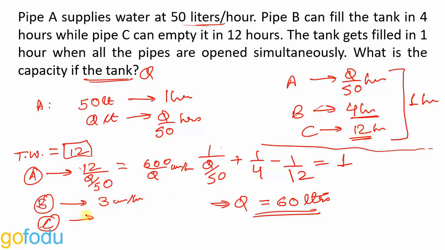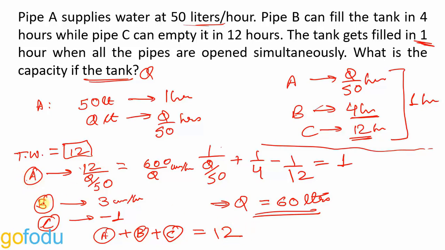So C in 1 hour must be doing 1 unit, and that would be negative 1 unit because C is emptying the tank. Now when they work together, we can add their individual rates A plus B plus C. In 1 hour, the tank gets filled, so in 1 hour they are doing 12 units of work. So this must be equal to 12.